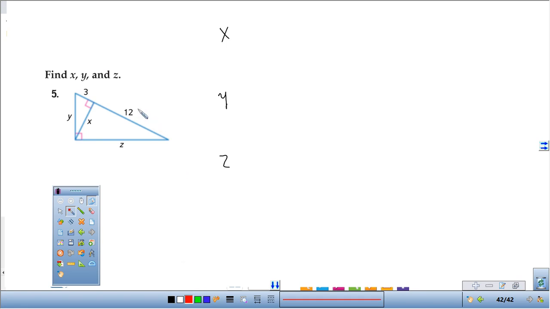Do y'all want to try one that you have to square something, or is that one too easy? All right, let's try this one. Copy it down. It's not too bad. X is equal to, Y is equal to, Z is equal to.